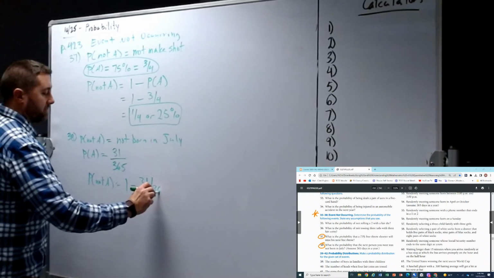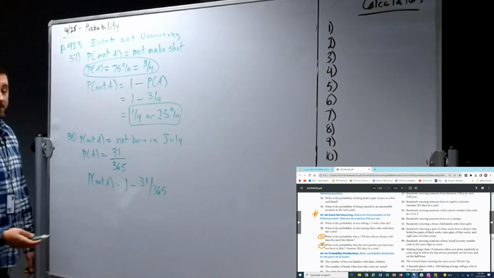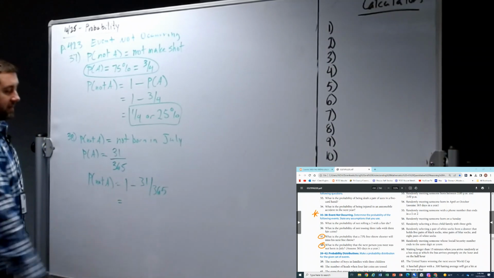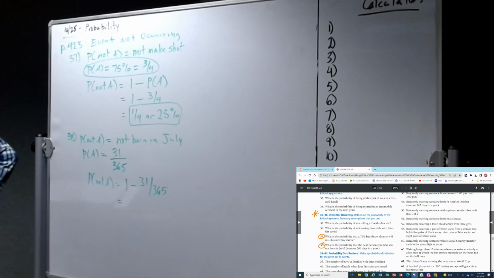out of 365. Now, let's see who remembers elementary and middle school whole number and fraction conversions. When you're subtracting a fraction from 1, what do you turn that 1 into so that you can subtract this by hand?